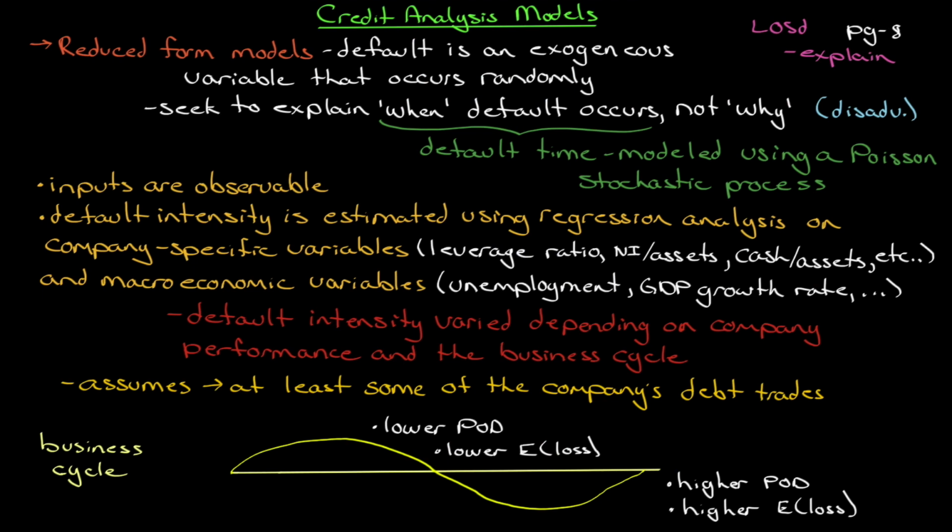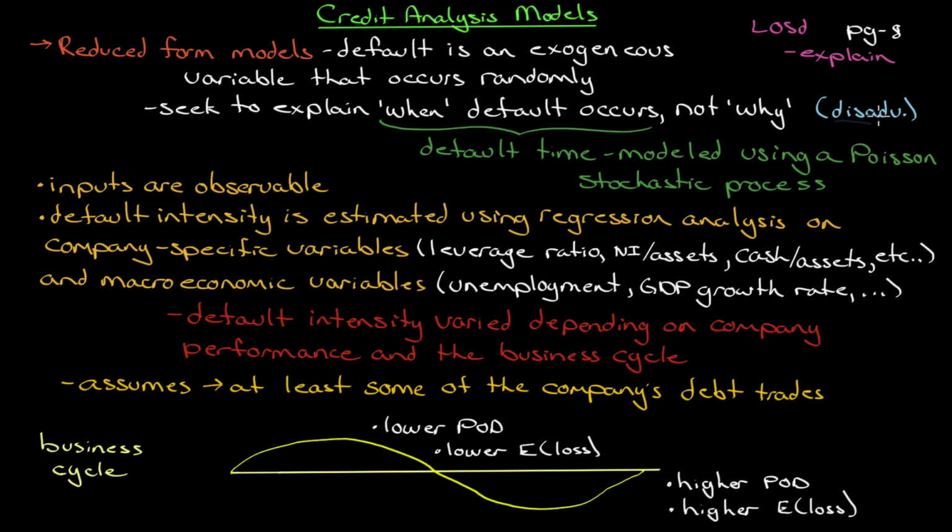All right, let's describe the reduced form model. Here, rather than default being endogenous and depending on the structure of the balance sheet, default is an exogenous variable that occurs randomly over a period of time. So the reduced form model seeks to explain when default occurs, not so much why default occurs.